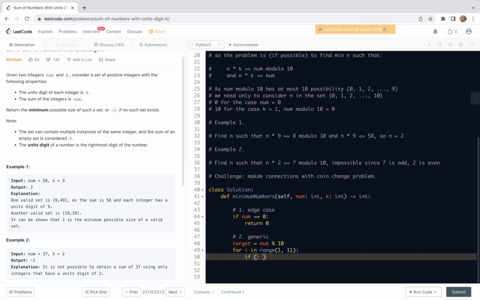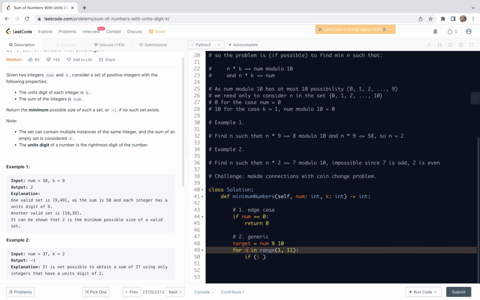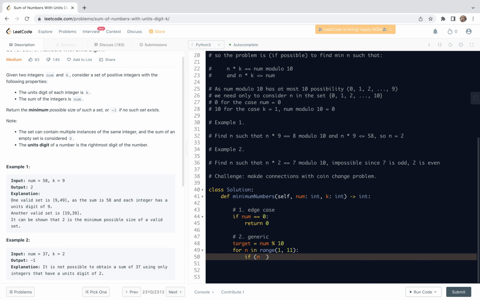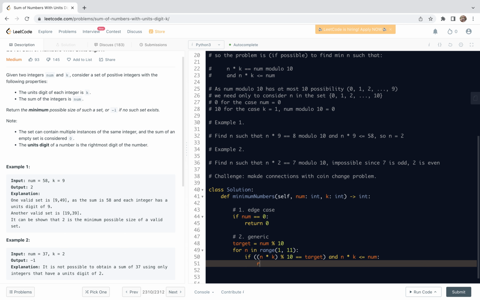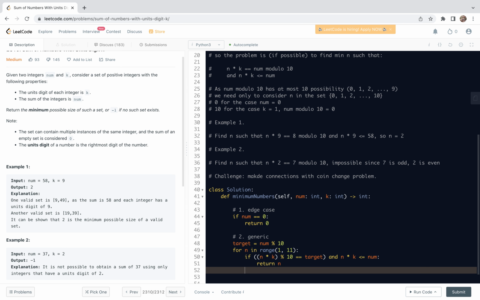We check this condition: if n times k modulo 10 equals target, and if n times k is less than or equal to num, then we are going to return n.